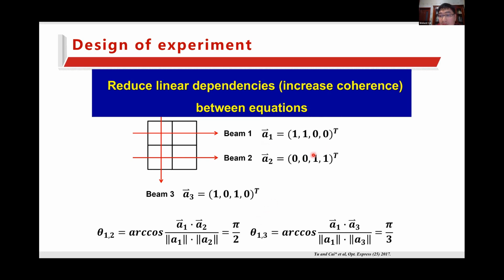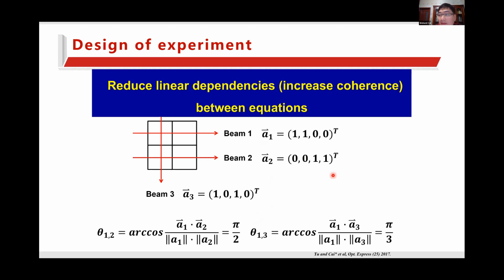If these 2 vectors are parallel to each other, that means they are completely linearly correlated. So these 2 equations do not provide any useful information. They are just redundant information.